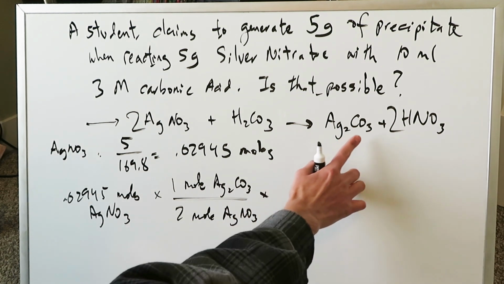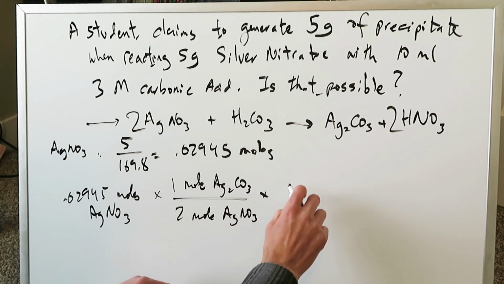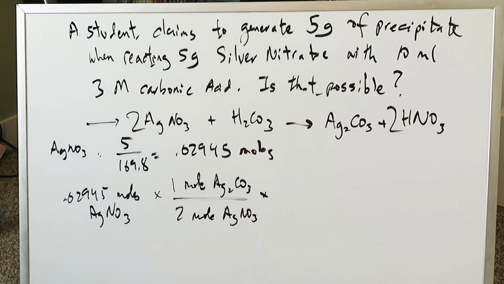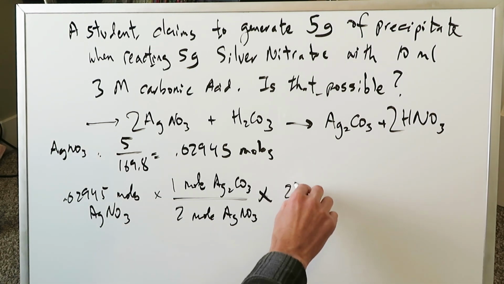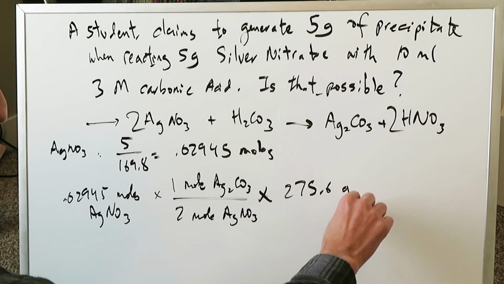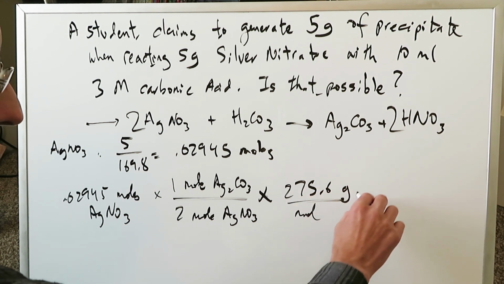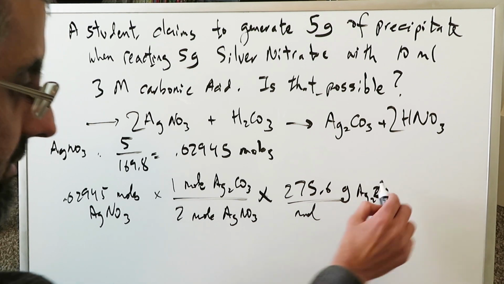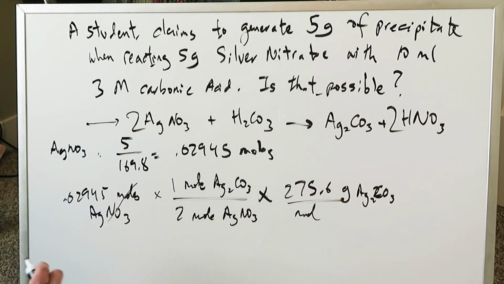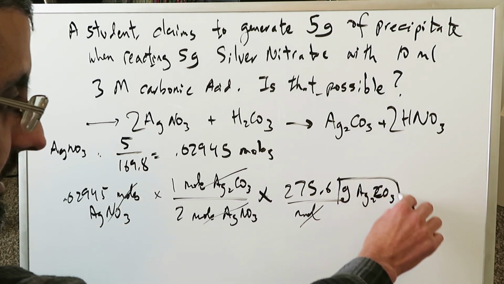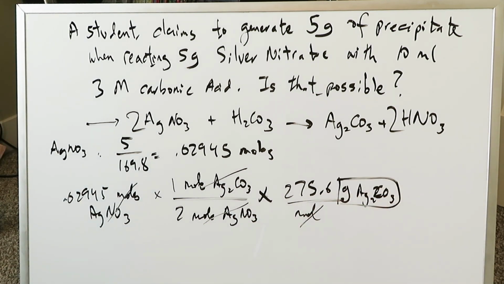Multiply this by now the molecular weight of this. What's the molecular weight of silver carbonate? We have to determine that. It'll be 107.8 times 2 plus 12 plus 48, which is 275.6 grams per mole of Ag2CO3. Now look, the moles of silver nitrate will cancel out, and the only thing which will remain are the grams of the precipitate you're looking for.